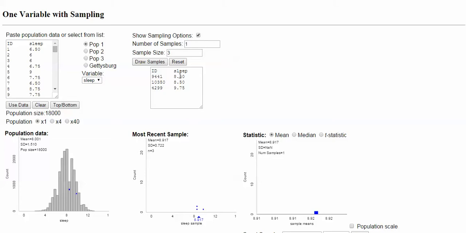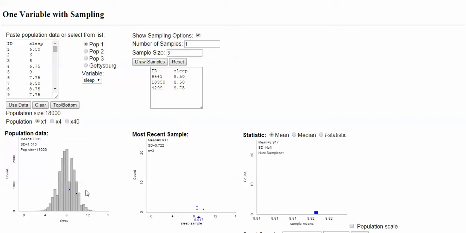If I added these 3 numbers and divided the total by 3, I would get the mean of my sample. In other words, I would get the average of my sample, and you can see that this sample mean comes out to 8.9. So if you added these 3 numbers and divided the total by 3, the sample mean would come out to 8.9.